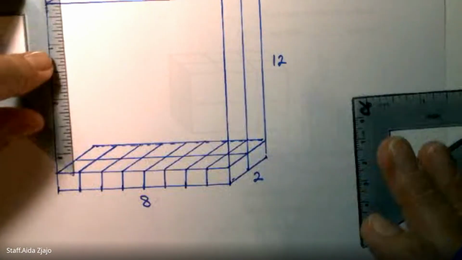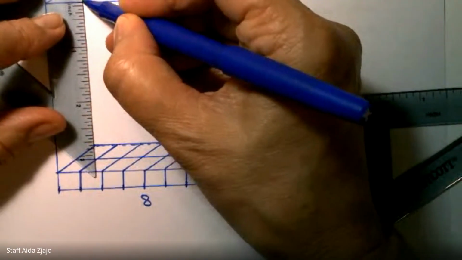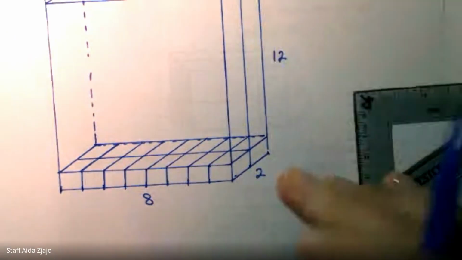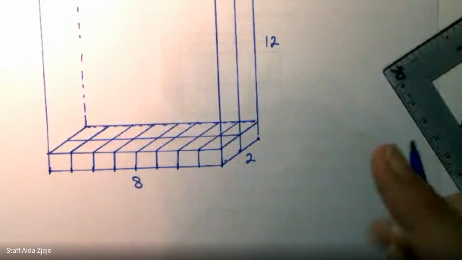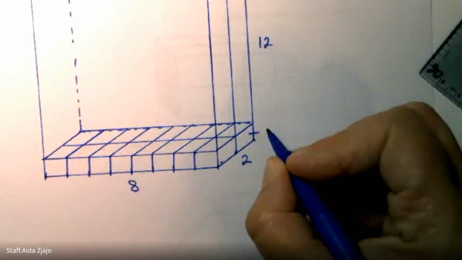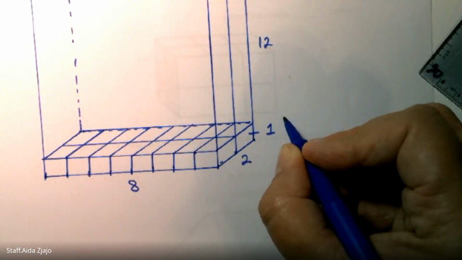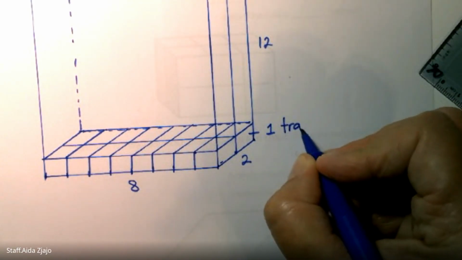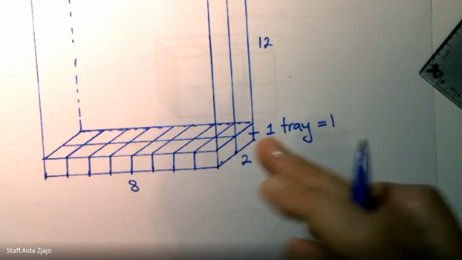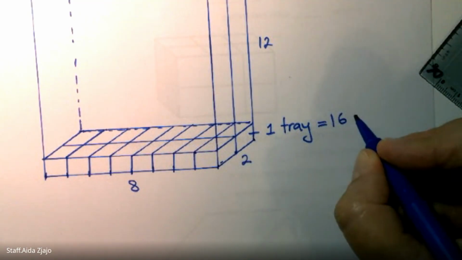So there you go. Here is one layer, one tray, and one tray equals 8 times 2, 16 cubes.